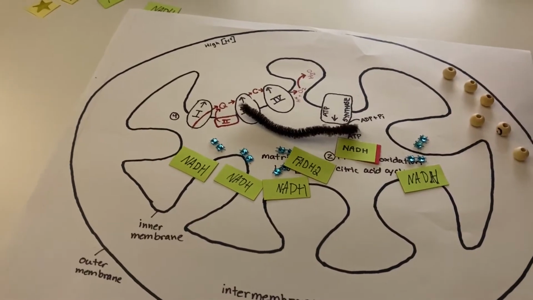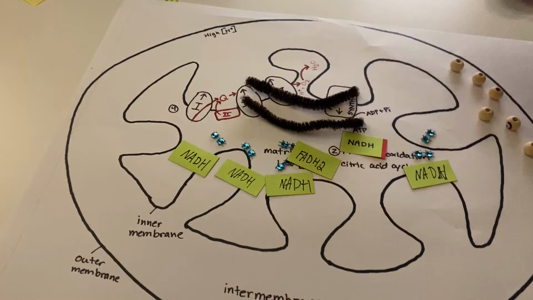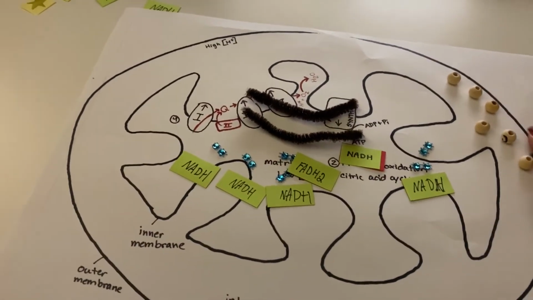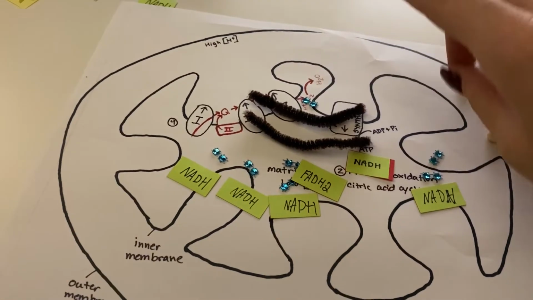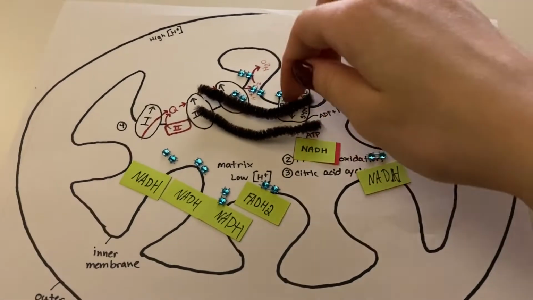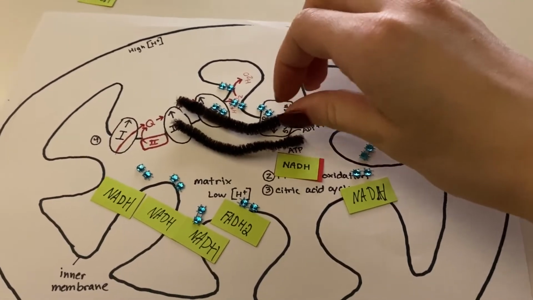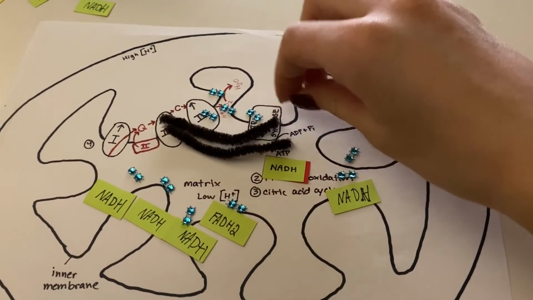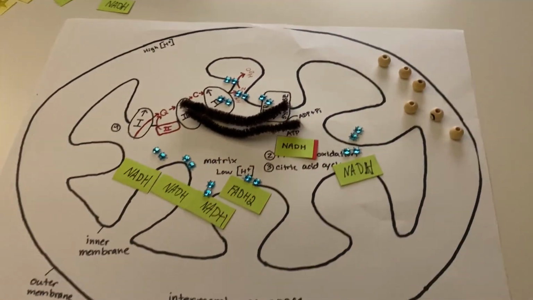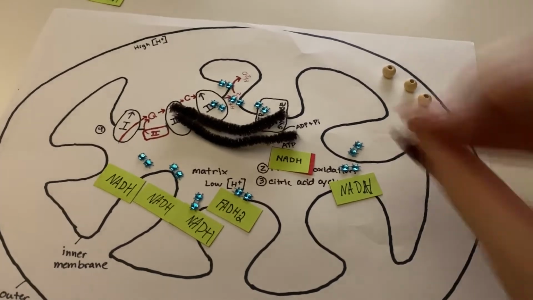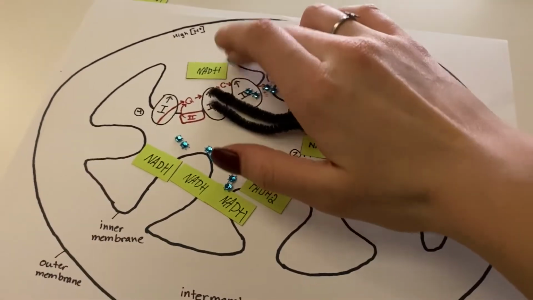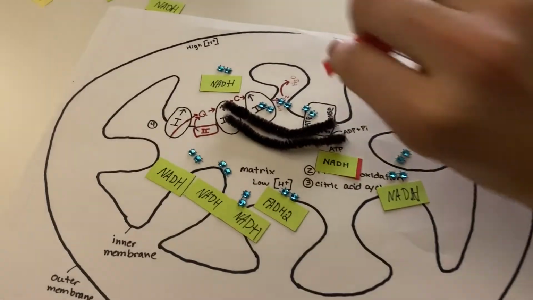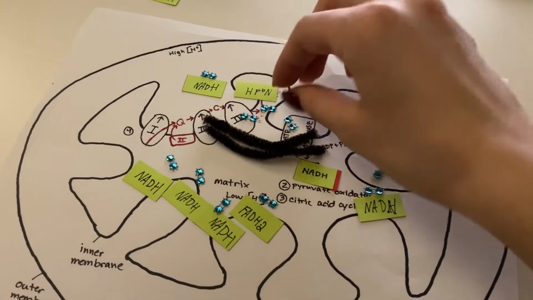2 of the carbons are released as carbon dioxide, and then I don't have enough of the electrons pulled out. One second. Alright, I got them. So this acetyl-CoA also has 8 electrons, and so an NAD plus will come in, take 2 electrons and reduce to NADH. Another one comes in, reduces to NADH when it takes 2 electrons.